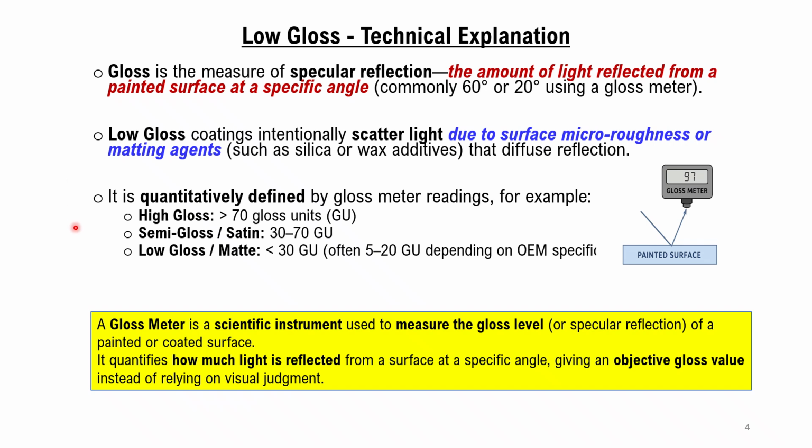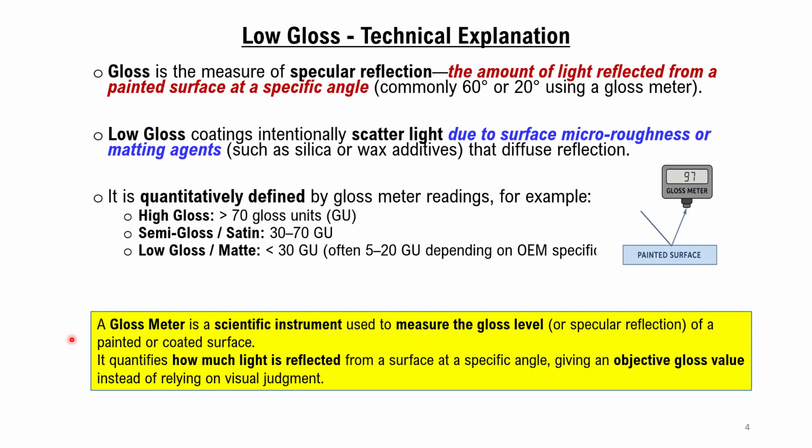Low gloss is quantitatively defined by gloss meter readings. For example, high gloss is more than 70 gloss units, semi-gloss or satin finish is 30 to 70 gloss units, low gloss or matte finish is less than 30 gloss units, often 5 to 20 gloss units, depending upon OEM specification.